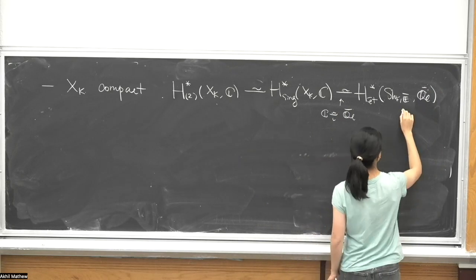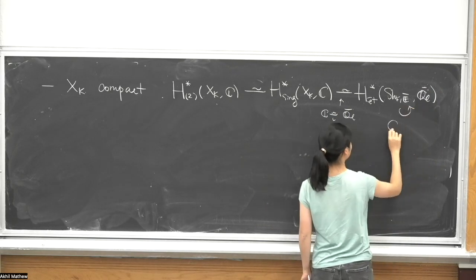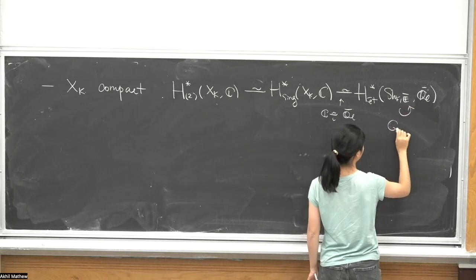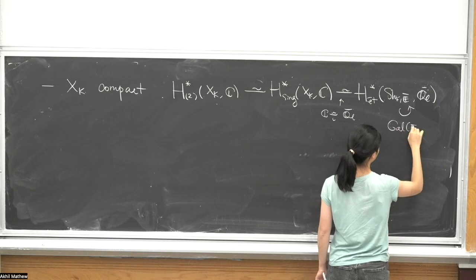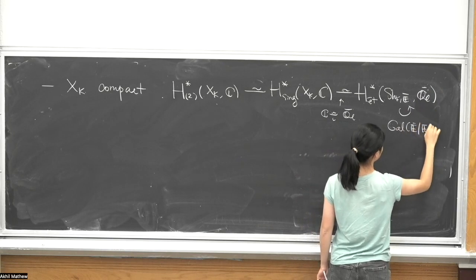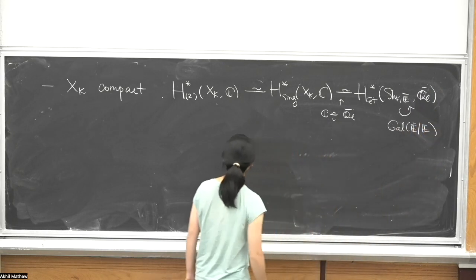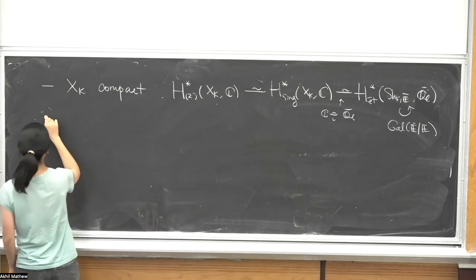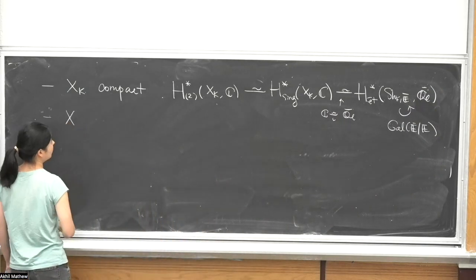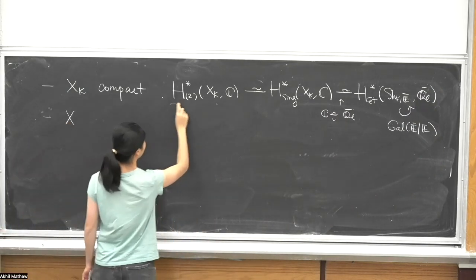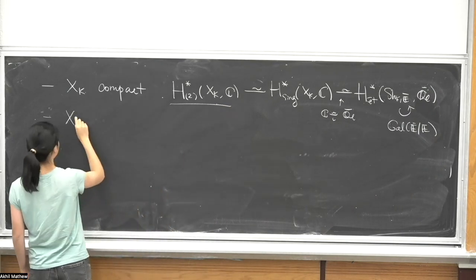And now on the right hand side, there is an action of the absolute Galois group of the reflex field. In this way, you see all the structure in one cohomology group, which is good.